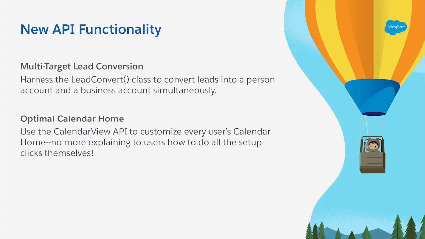This means less time spent explaining to end users how to do all the setup clicks themselves. Instead, create all your end users' object calendars, public calendars, shared calendars, resource calendars, and user lists for them. And the best part is, this can be done at scale. You can set this up for any number of users at once.